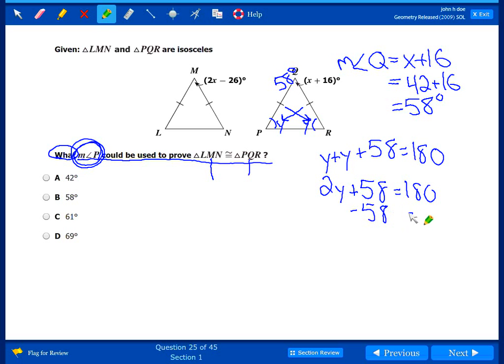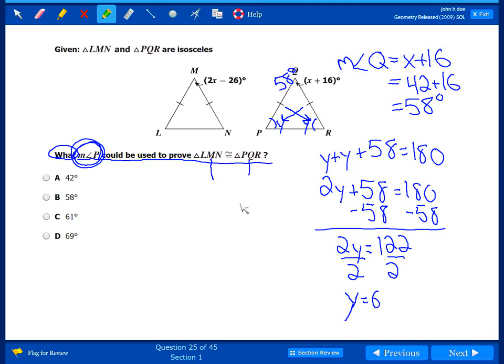Subtract 58. We get 2y is equal to 122. And then divide by 2, which gets us y is equal to 61. Well, we ran out of lines. There we go. So that one has a lot of steps, but it all comes down to making sure that you read the problem correctly.